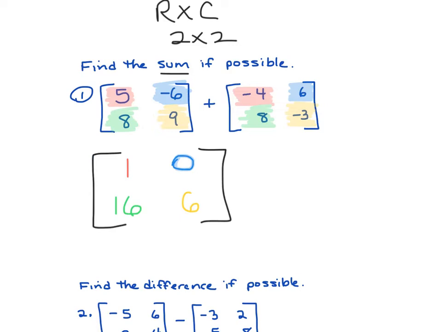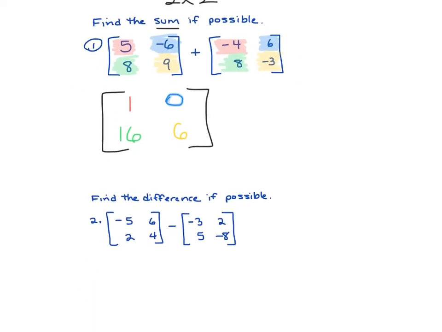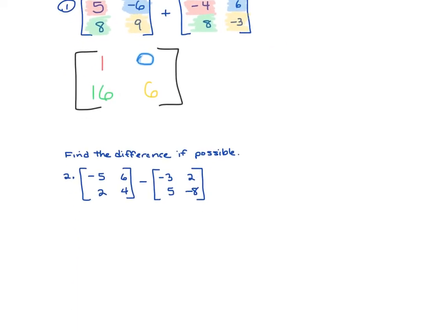So for the adding and the subtracting, you're just adding the elements that are in the same spot. Now, for the subtraction, again, the matrices have to be the same dimensions.